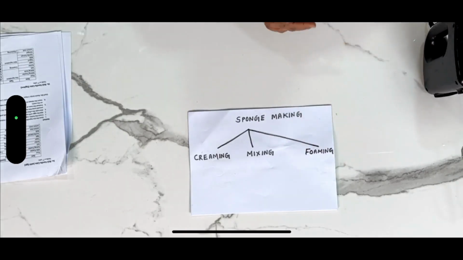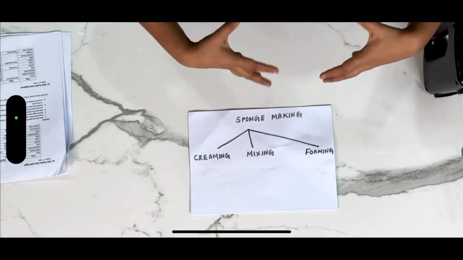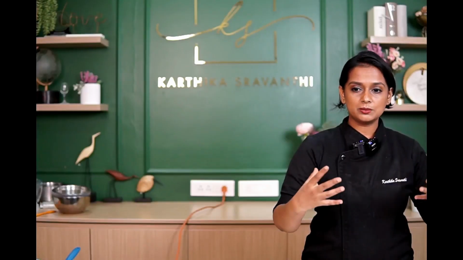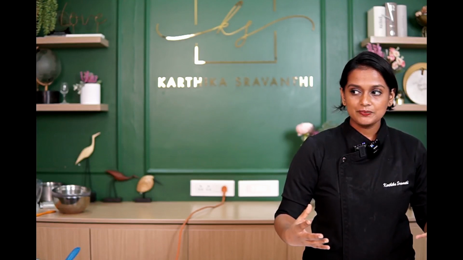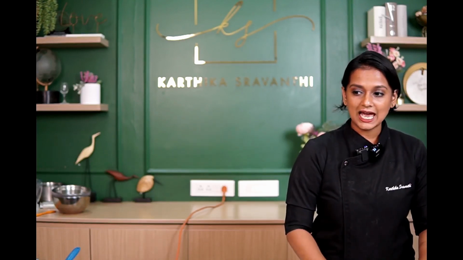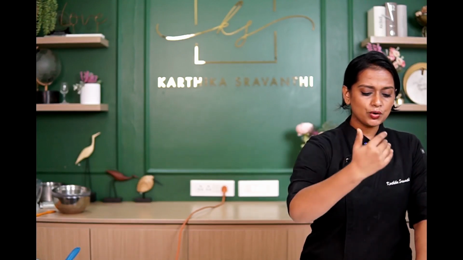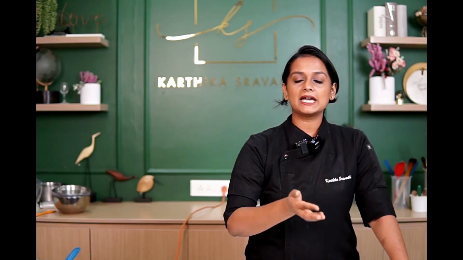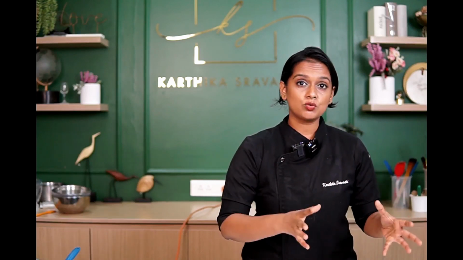The eggs are going to double and triple in volume and become a huge fluffy mixture, and then at the very end we fold the flour gently into the egg and sugar mixture, and then you bake it. That is your Genoise sponge.